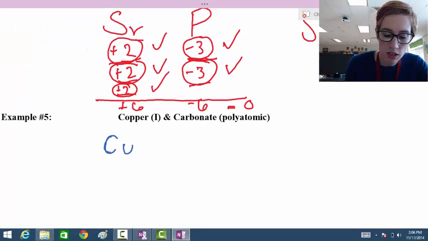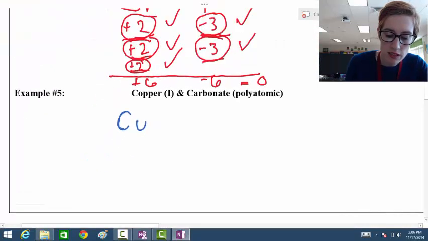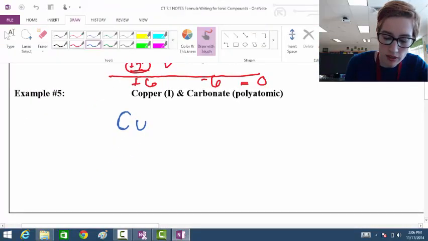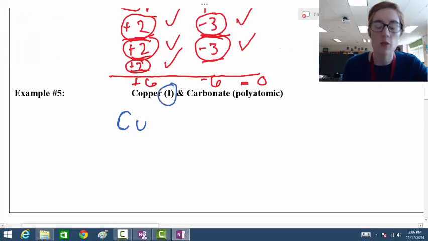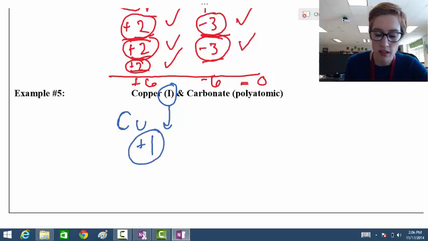The Roman numeral inside of the parentheses tells you what the charge of copper is, okay? So that Roman numeral 1 inside the parentheses means +1. Transition metals will always be a positive charge because they're metals, and metals always have positive charges. They're always cations. So copper's charge is +1.